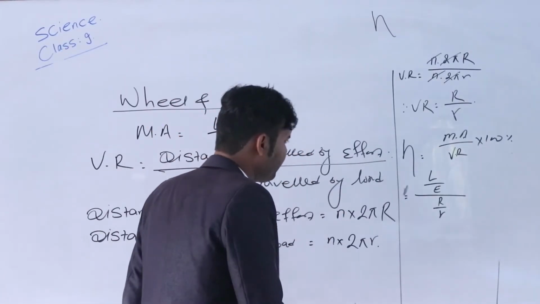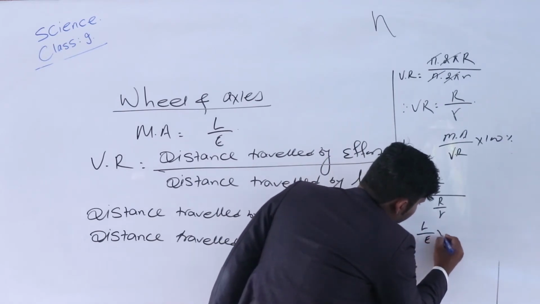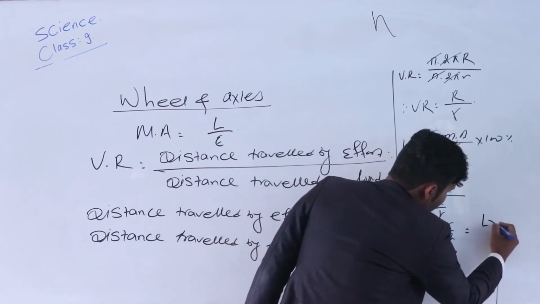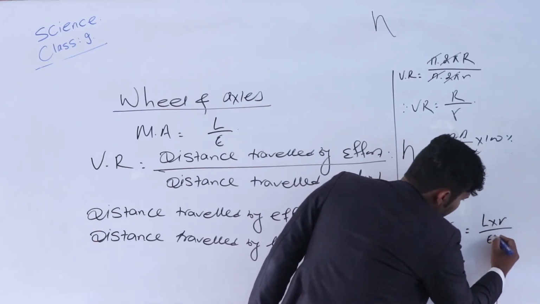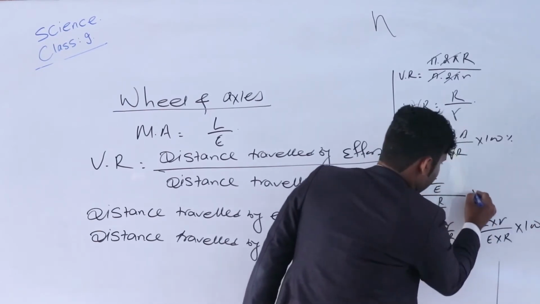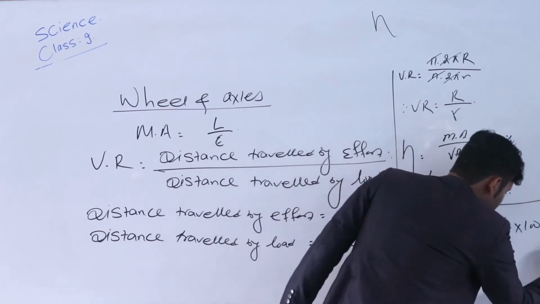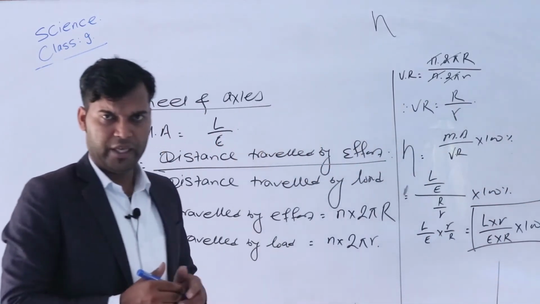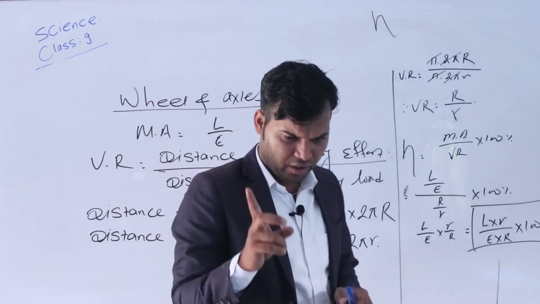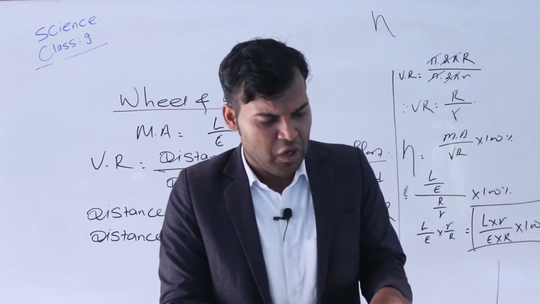Calculate it once again: L upon E into small r upon R. It means L into r upon E into capital R, into 100%. This is the formula we use to calculate the efficiency of wheel and axle. I hope you are clear about it.